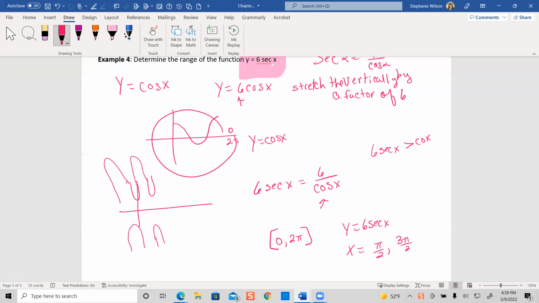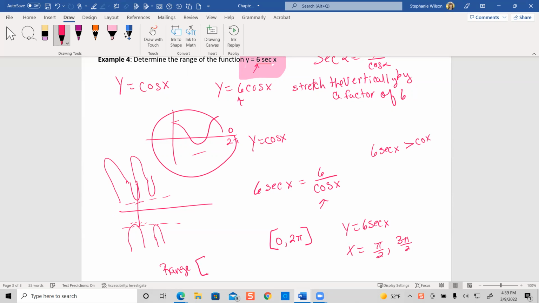But whenever you look, what you're going to see, because the amplitude here tells me my range, right? You're going to have this graph that goes up to a certain point and down to a certain point. And this particular one hits 6 and -6. So I know my range.